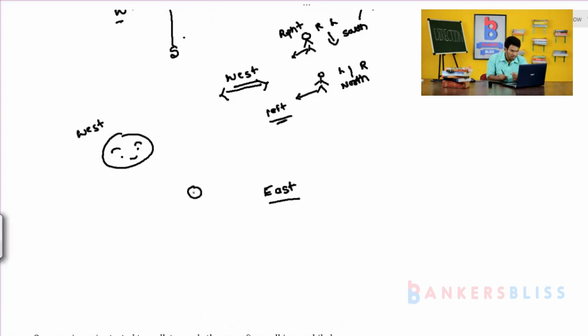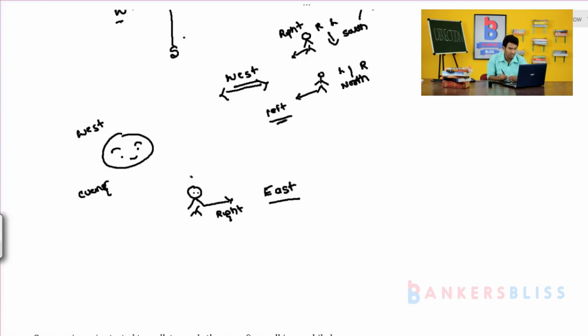Once again, if the person is standing and that person's shadow is on the right side. The person is standing in the evening. Okay, the person is standing in the evening, that person's shadow is in the right direction. Look here, to the right it is nothing but east, so which direction is he facing?